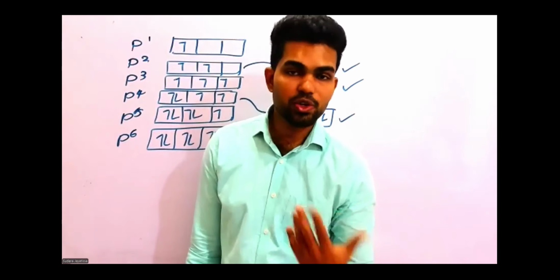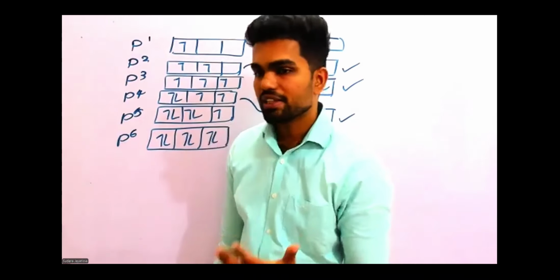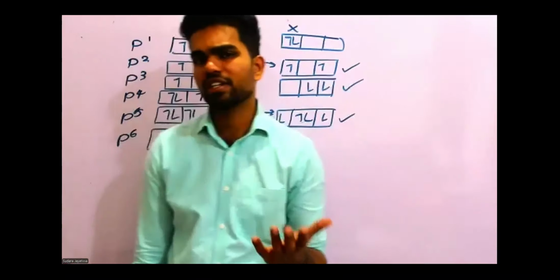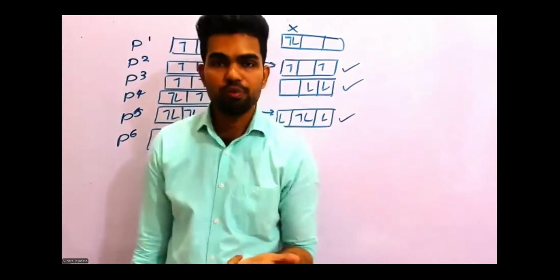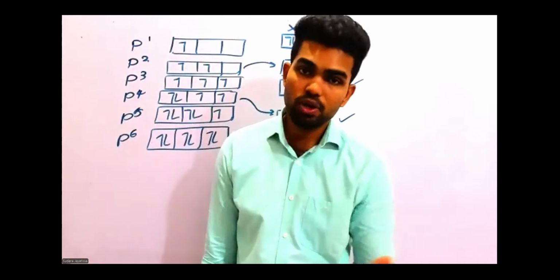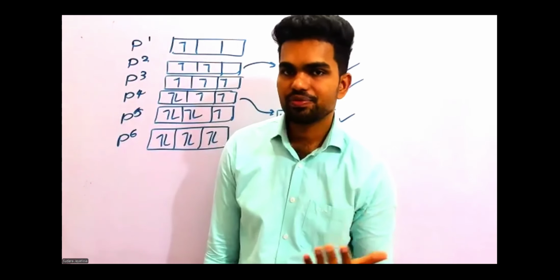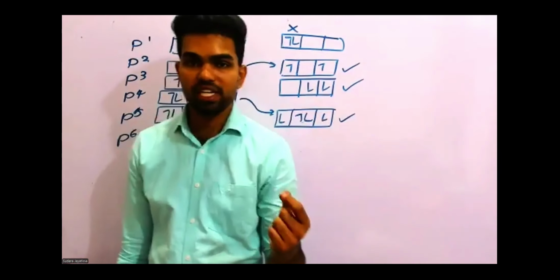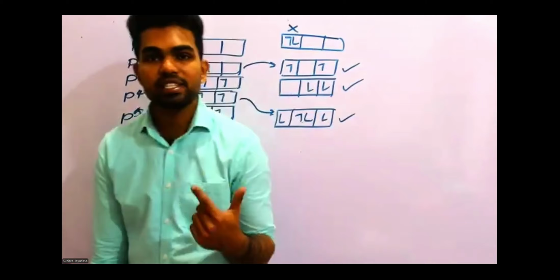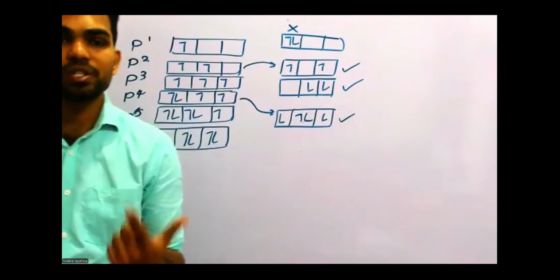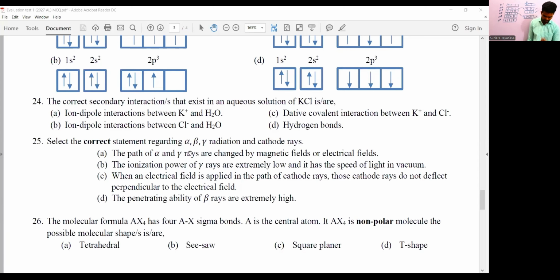So you need to know about these principles. What are the 3 principles associated with electronic configuration? Aufbau, Hund's, and Pauli's exclusion principle. Remember what the rules are and how they are written. You are not asked to write them, but they can come as an MCQ. So you need to know the rule. Then go to the next one, 24.